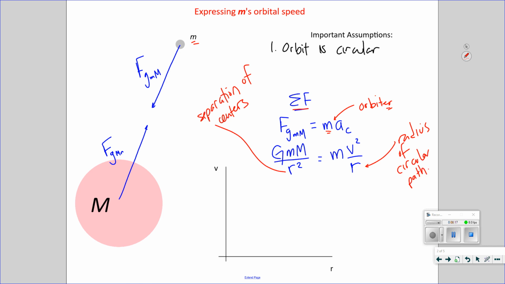And those don't mean the same thing. They happen to be, if we're, quote, lucky, or if we make the right assumptions, then they are equivalent numerically, right? And we're going to call them equivalent numerically because we're going to say that little m is way smaller than big M.